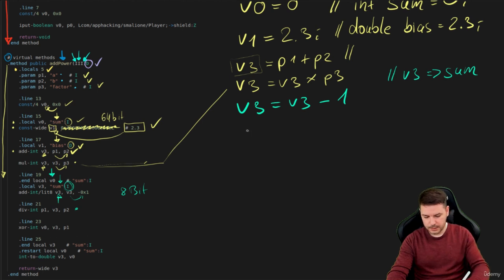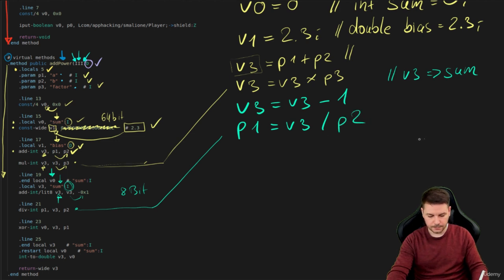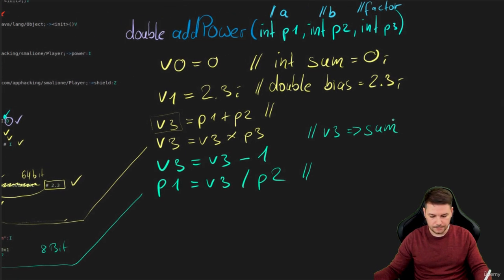Let's see, div-int, we've got p1. So we are at this instruction right now. p1 is equals v3 divided by p2. And we can try to insert our labels over here. So let's see. P1, I have to scroll up.